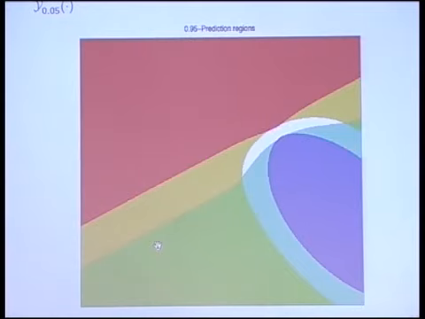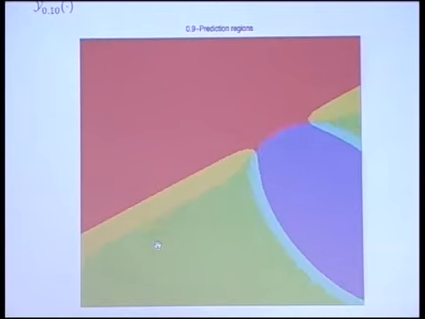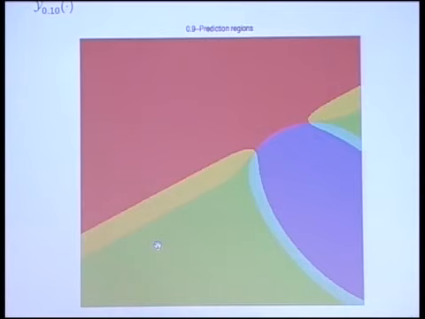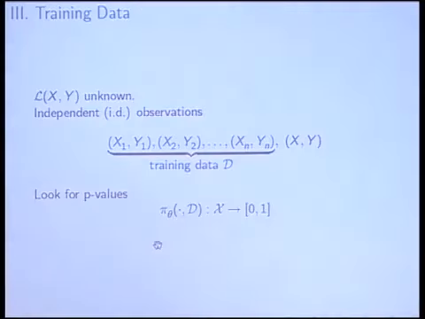But here's a region of points where you say, oh no, not in this example. Sorry, I was wrong. Here, the white region means these are points where you say any of the three classes is possible, okay? And again, if you increase alpha, then the ambivalent regions become smaller.